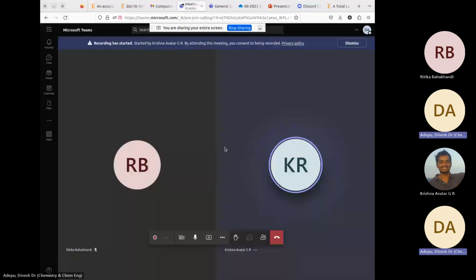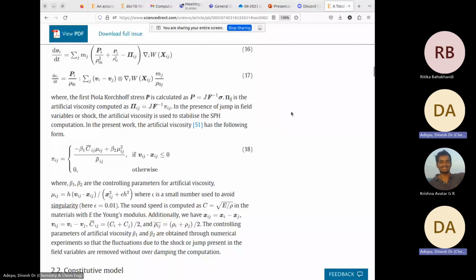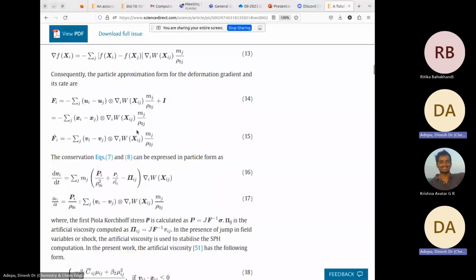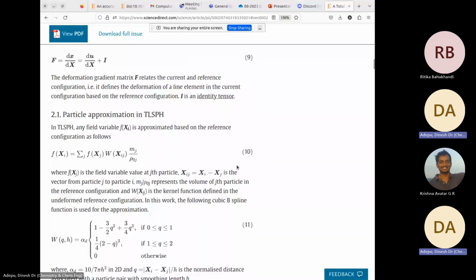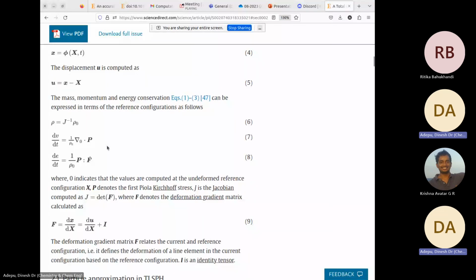Correct. If I am able to implement this in SPH, I can also show what we discussed throughout the course, these equations 1 to 6, and when I implement them in SPH, I can maybe present for 1 hour.